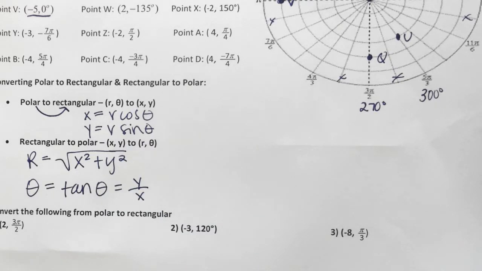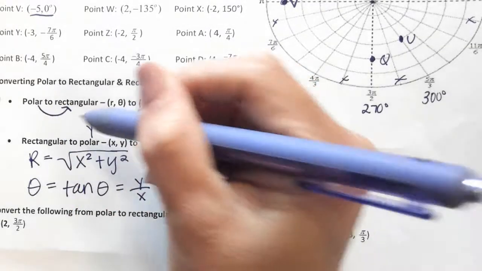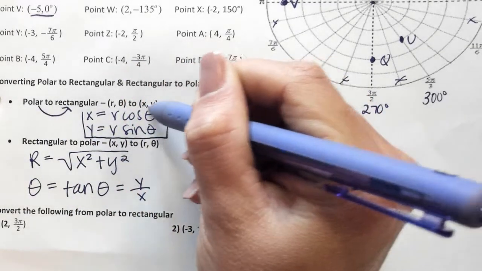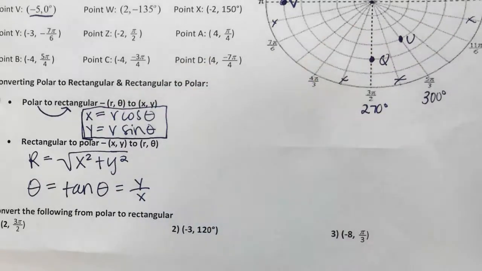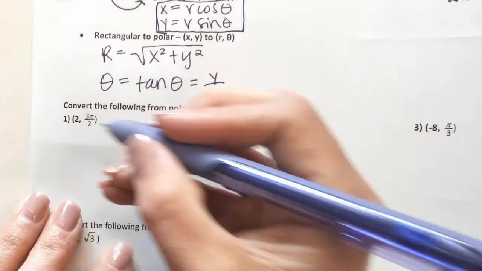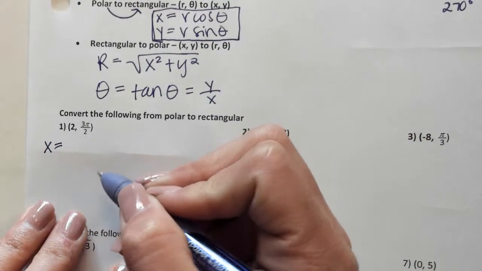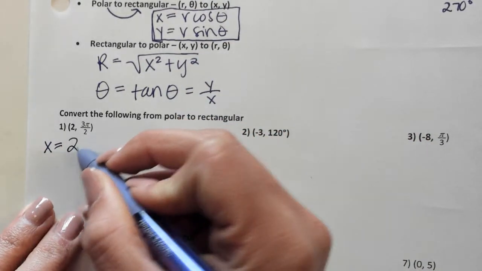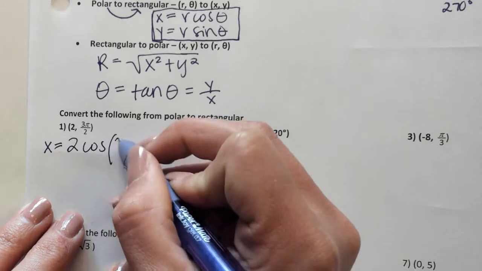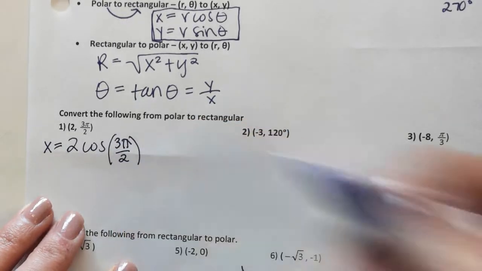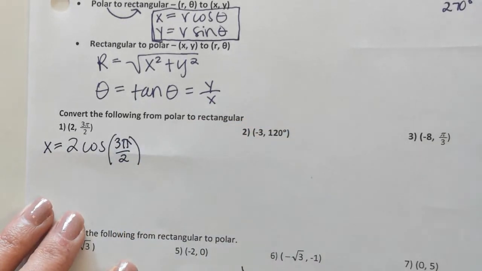Alright, so let's start with going from polar to rectangular. So this is what we're going to use. No, you will not have these on your quiz on Thursday. You'll just have to memorize it. So the first one to find x is going to be R cosine theta. What's our R here? 2. And it's going to be cosine of 3 pi over 2. And what is 3 pi over 2?